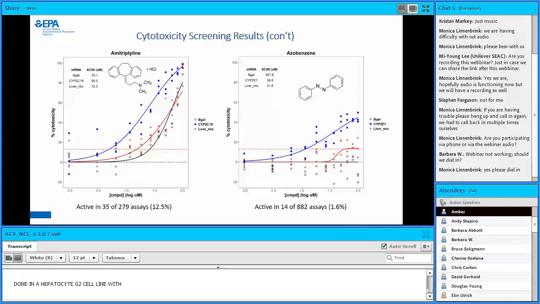We don't know exactly what that is, but they have told us that they have supercharged metabolic capabilities. So that explains half, where metabolism wasn't just from the wild type cell. And then azobenzene has been tested in virtually every assay that we have in our inventory. It's only active in 14 of them, and half of those were the Attagene platform.